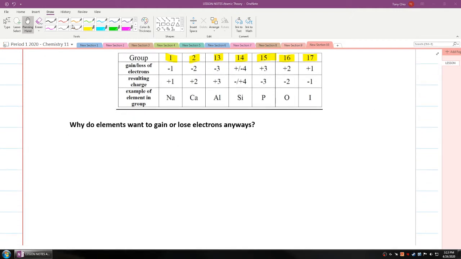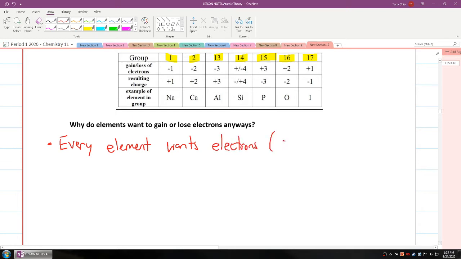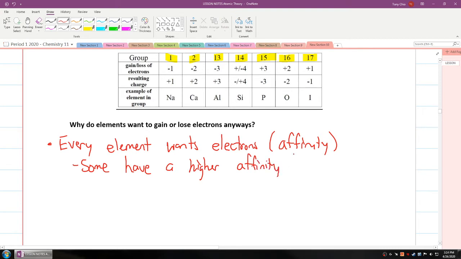Well, first of all, the biggest thing is every element wants electrons. They need them. And we call that affinity. Affinity means attraction. Just that some have a higher affinity. And you might know these ones are your nonmetals.